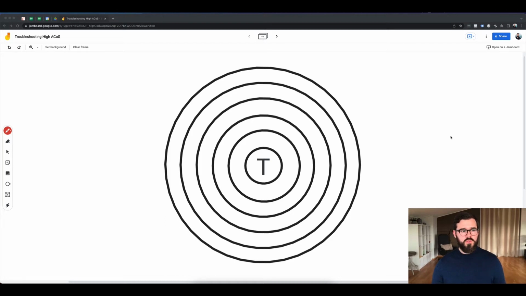The first thing I want to share with you here is this diagram, and I want to explain the concept first, and then I'll show you the steps, the actual framework for troubleshooting and improving the situation. When you're running ads, there are basically phases to it.